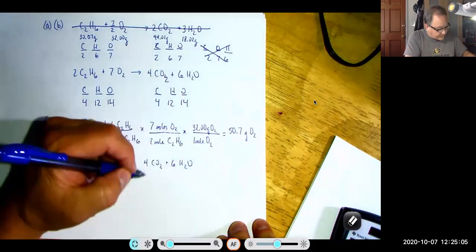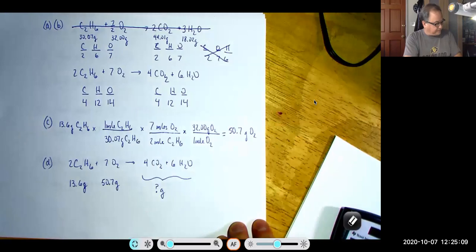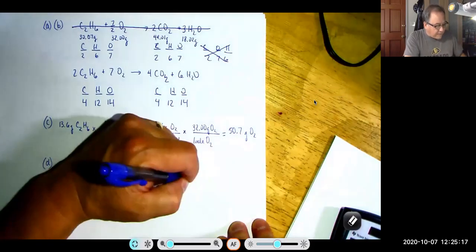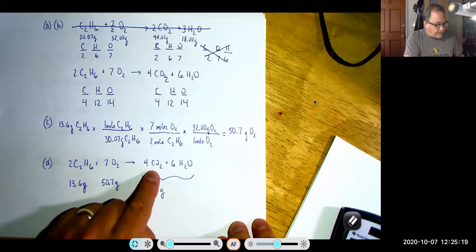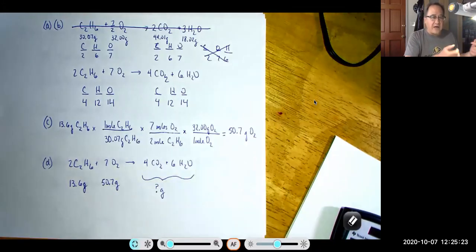Their question is, how many grams of products? They don't ask for how many grams of CO2. They don't ask for how many grams of H2O. They ask for how many grams of product.